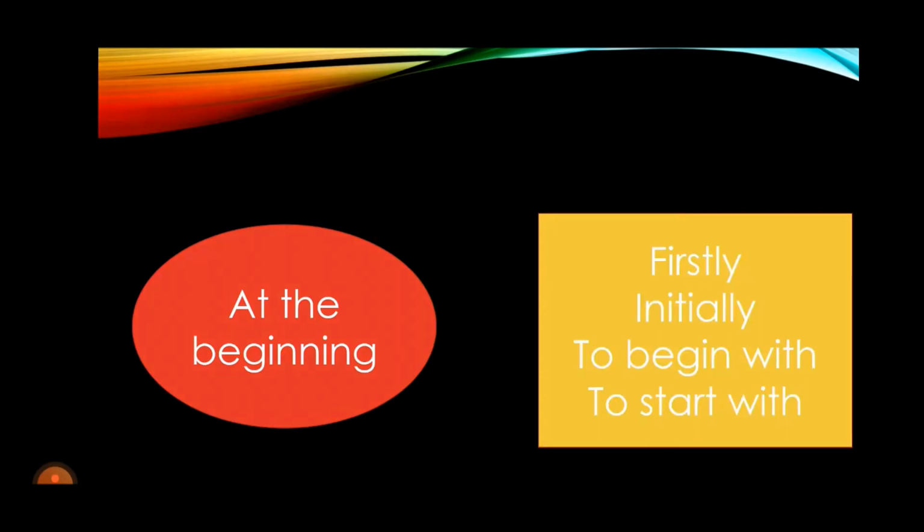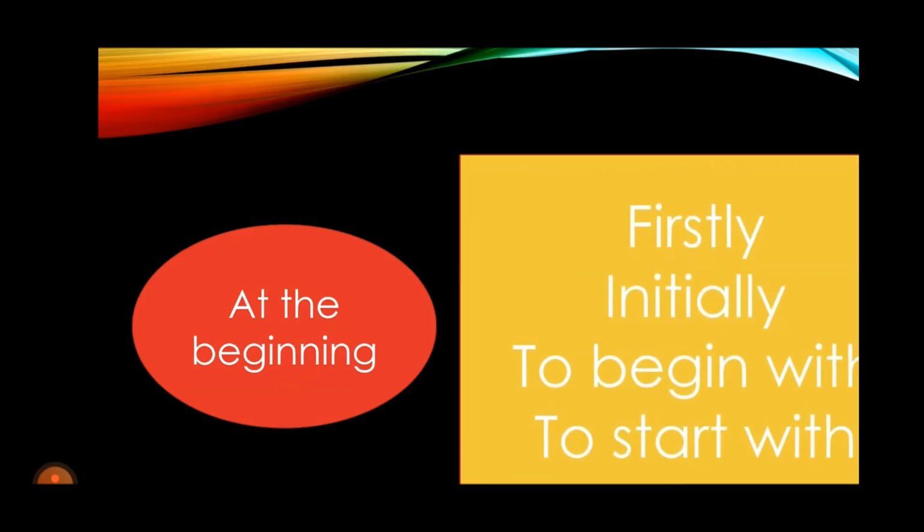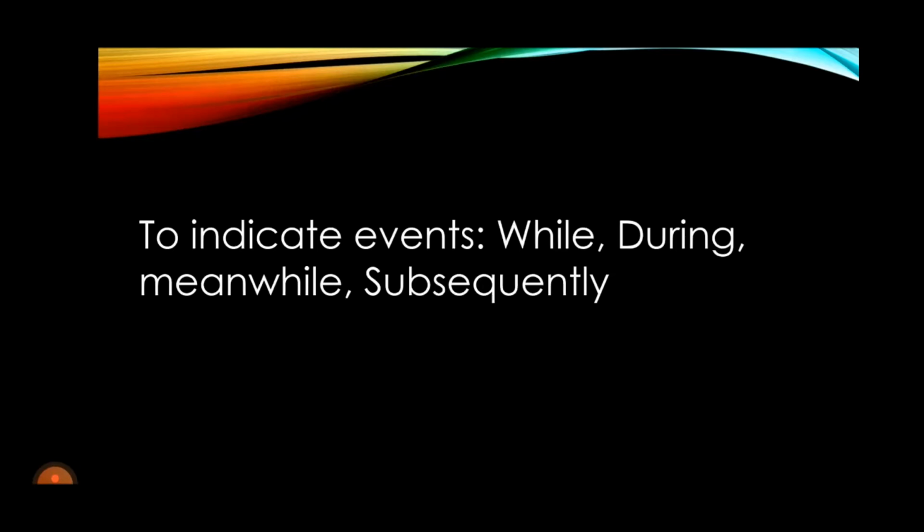At the beginning, we use certain words like firstly, initially, to begin with, to start with. In the continuation, that is, in the middle, you use words like during, then, after that, next, secondly, and following. To say something about a story or an event, you can use while, during, meanwhile, and subsequently.